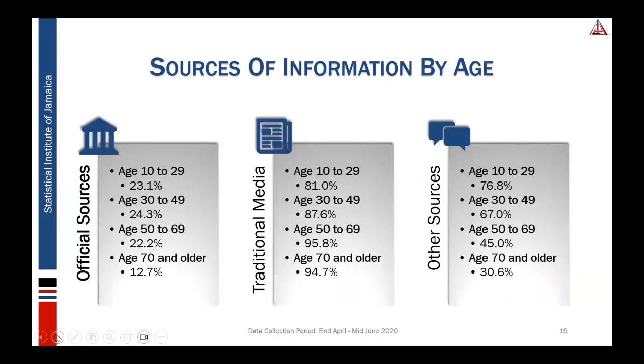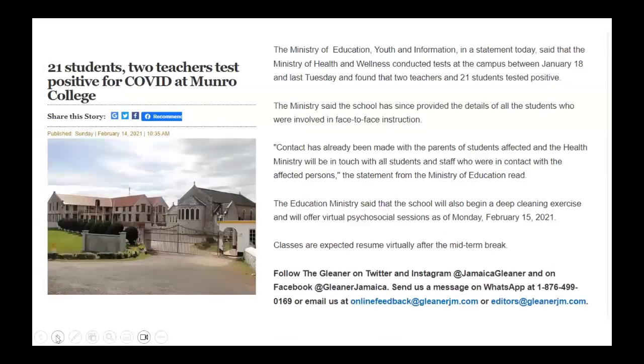But the sources are different for different age groups. Persons in their 30s, 40s, 50s and 60s, the older persons, use official sources and traditional media, as we would expect, while the younger persons tend to use other sources.